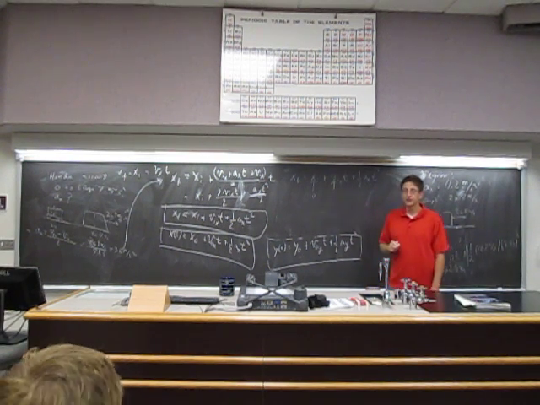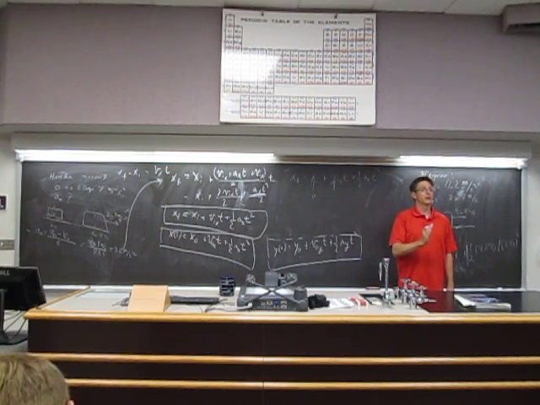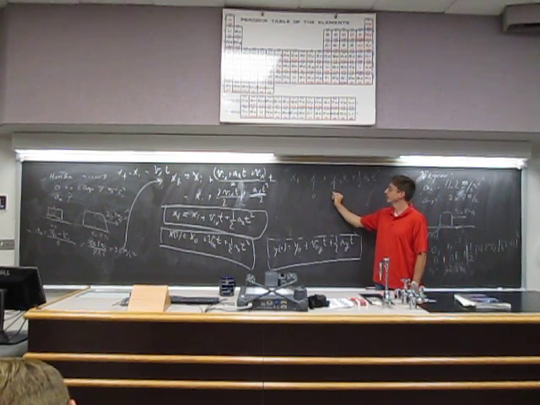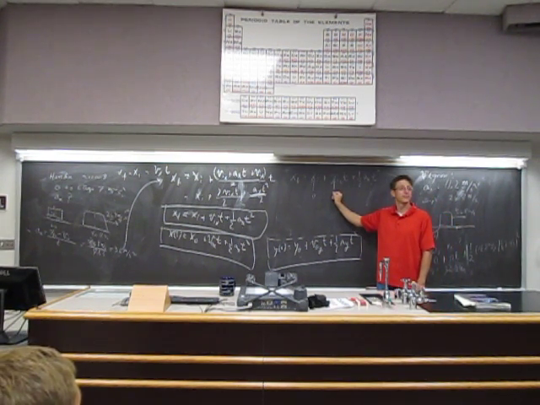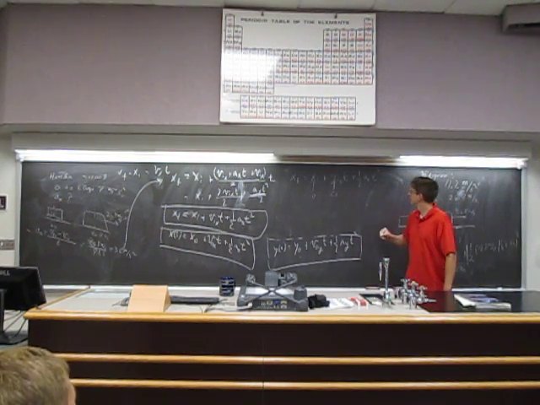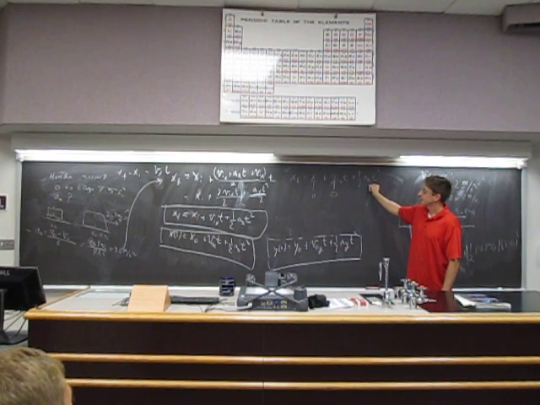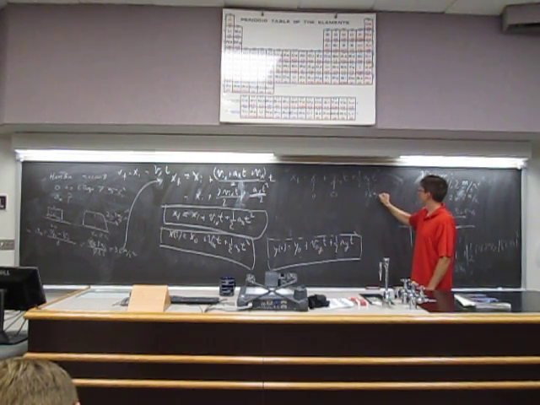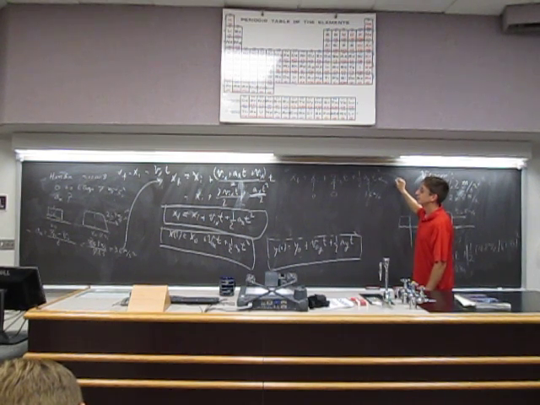If I'm looking at acceleration from rest to 60 miles per hour, the initial velocity would be 0 because it starts at rest. The acceleration was 3.6 meters per second squared. This t was 7.5 seconds.